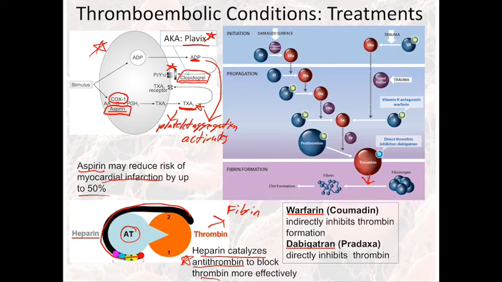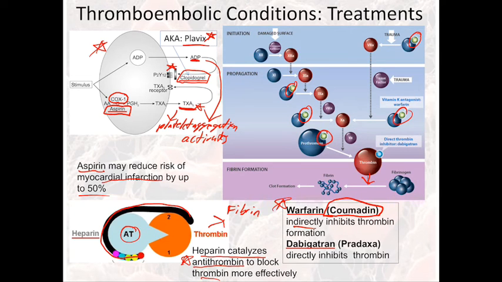And there's 2 other drugs. Coumadin is a very common blood thinning drug as well. This one indirectly inhibits the formation of thrombin. Look up there. It's also known as warfarin. Everywhere you see a W, Coumadin and warfarin acts, right? We see it right here, right here, right here, right here, and right here.